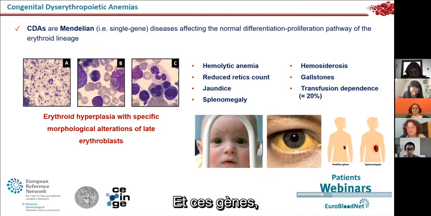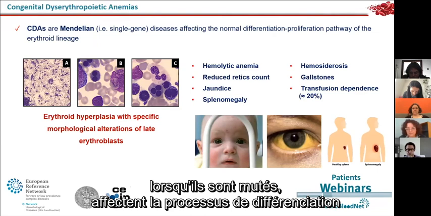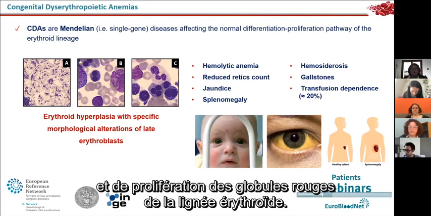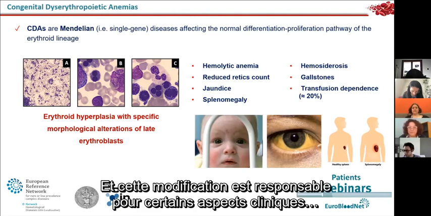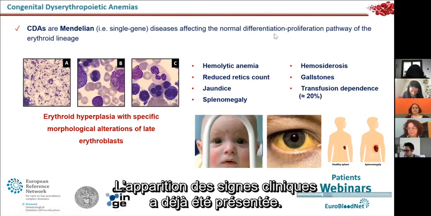And these genes, when mutated, affect the process of differentiation and proliferation of the red blood cells of erythroid lineage. And this alteration accounts for the appearance of clinical features as already presented.